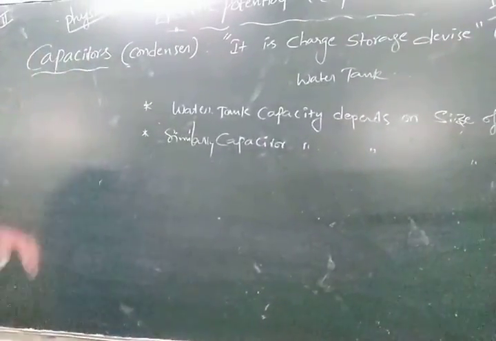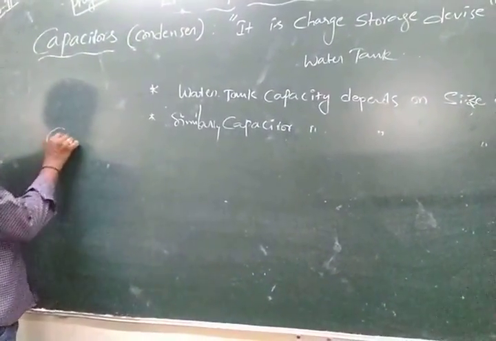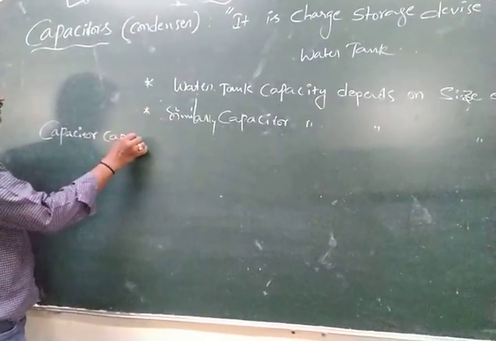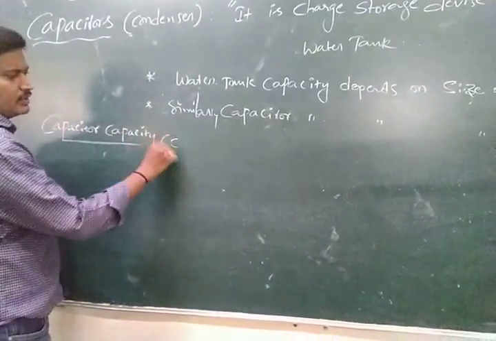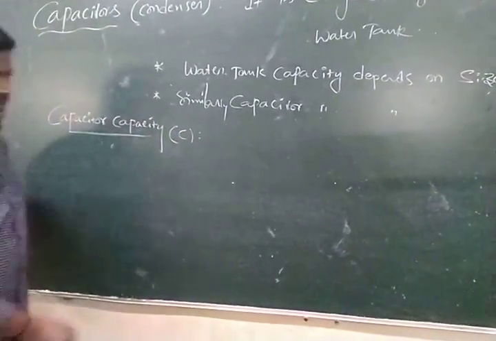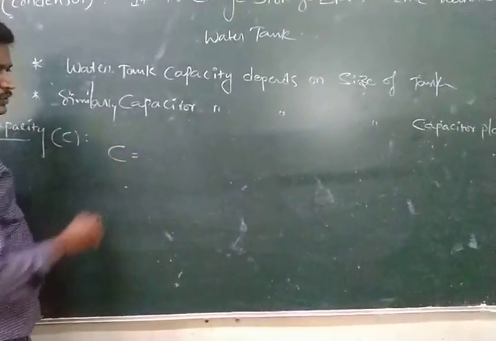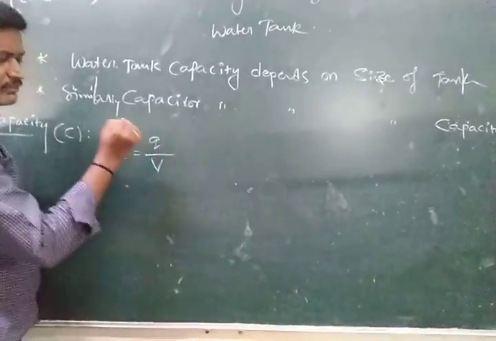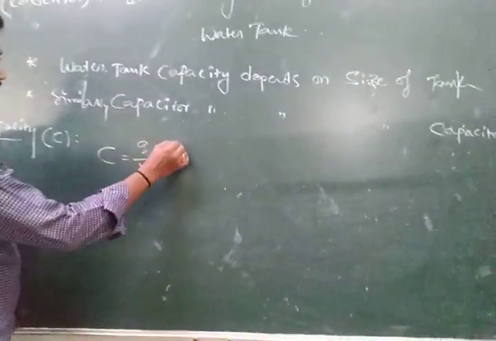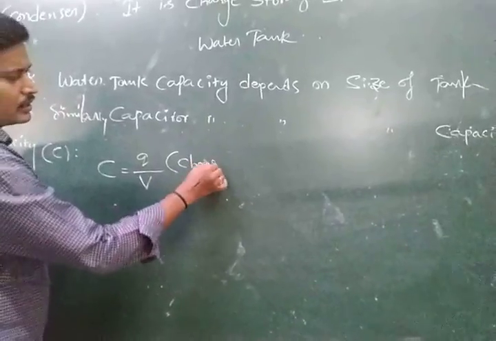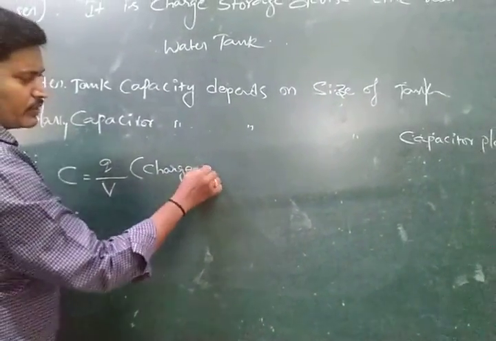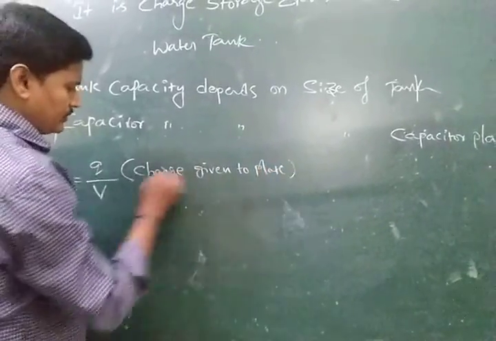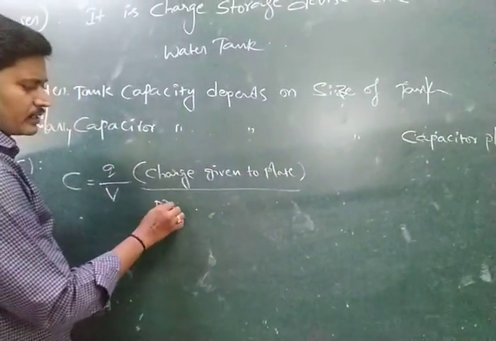Capacitor capacity, how can we measure it? The capacitor capacity is indicated with the letter C. C is equal to the charge accumulation on the plate divided by the potential difference applied across the plate.